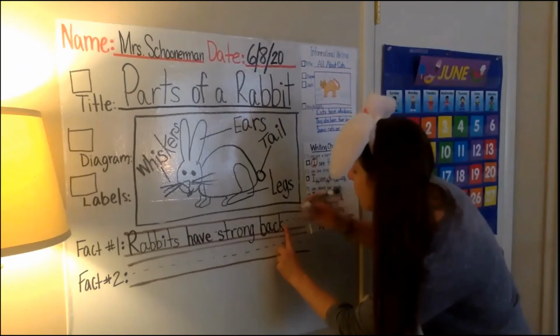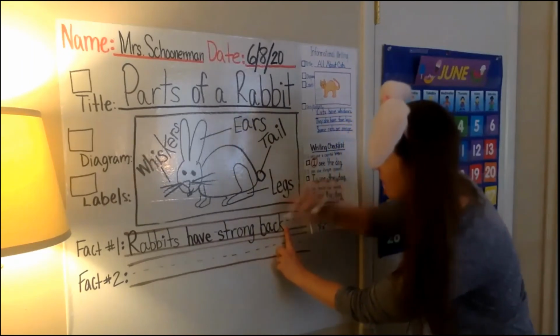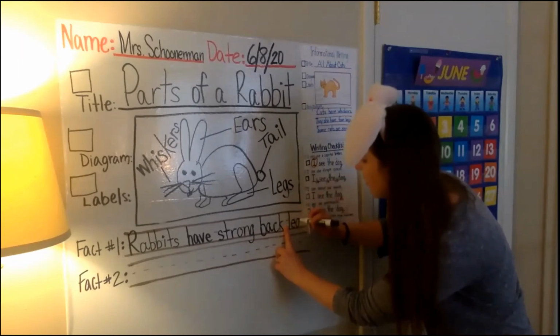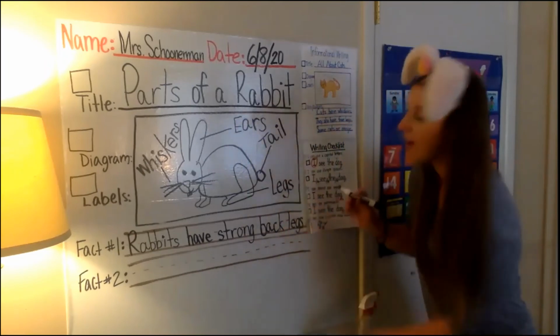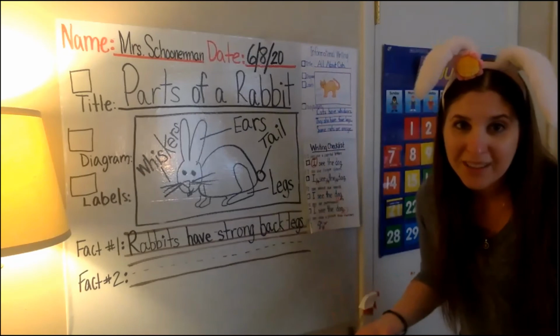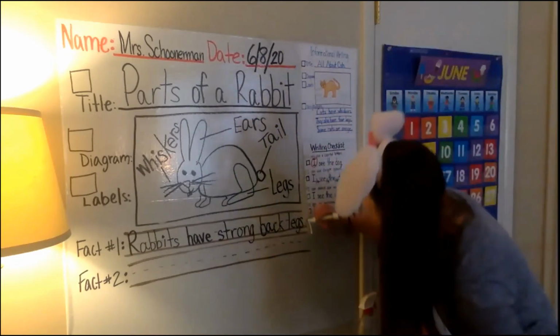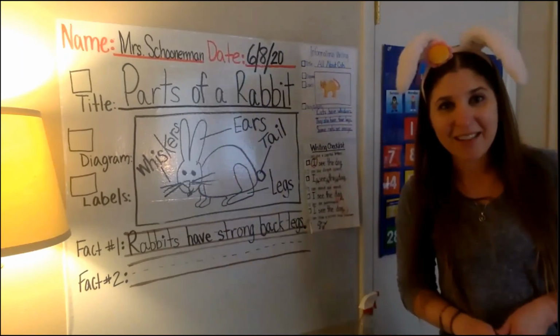So leave one more finger space, legs, and it's right above it, right here. There's legs. L, E, G, S, legs. And what do good writers do at the end of their sentences? They add punctuation. So we add a period to the end of that fact.